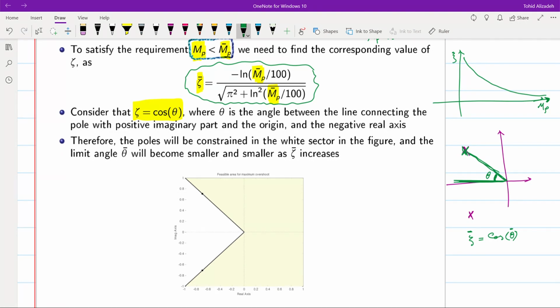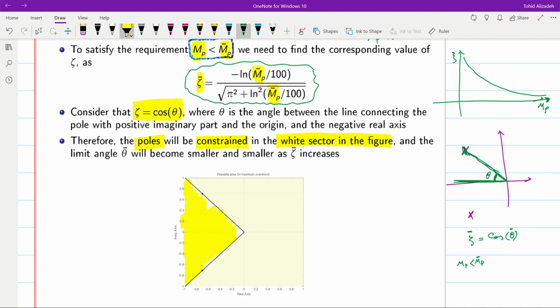Okay, so if we want to have MP smaller than MP bar, then we need to have the poles constrained in the white sector in the figure which is shown here. So the closed loop poles of the system should be located at this region.